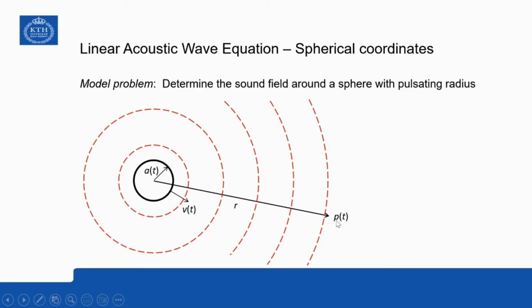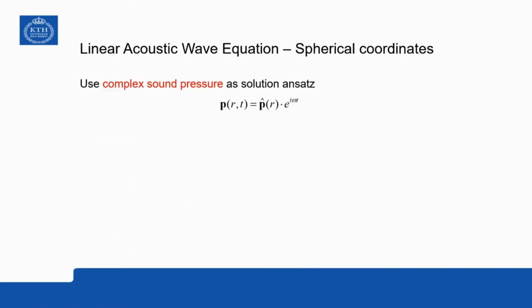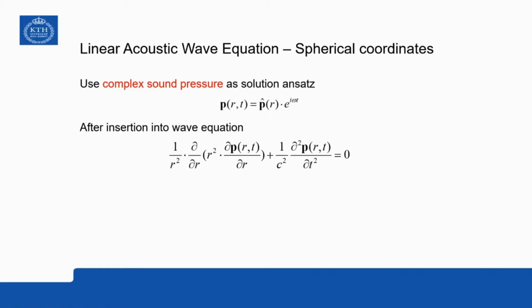As I said before, we are going to use complex quantities. So we assume that the complex sound pressure field can be expressed like this: we have a distance dependent sound pressure amplitude and a complex exponential frequency dependence, e raised to i omega t. Insert this into the wave equation that we saw before.